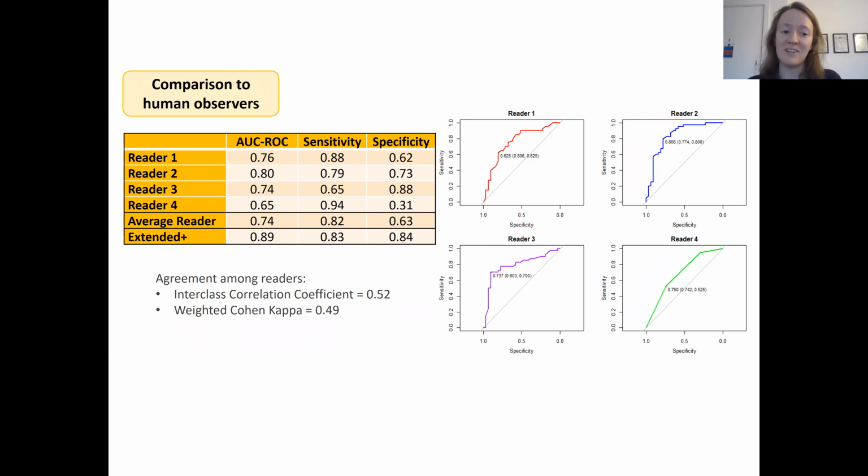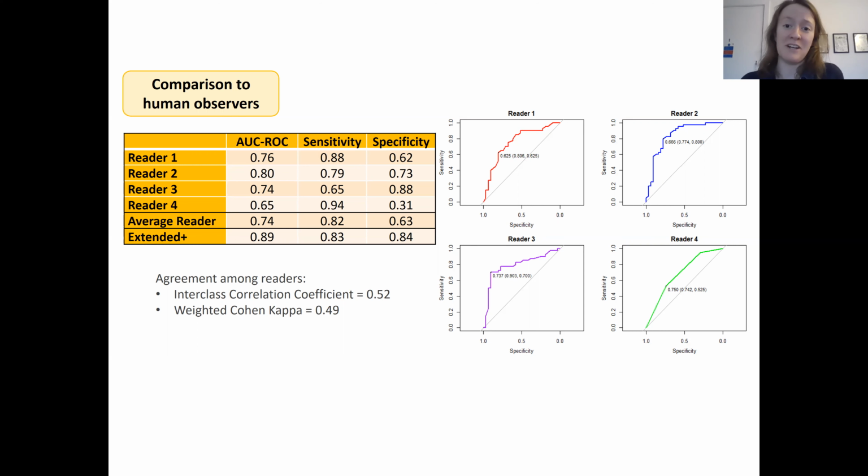And you can see that there's a lot of disagreement among readers. So the interclass correlation coefficient, which is a measure of how readers are aligned in their assessment, was very low. So it should be 1 in a perfect world, but it was 0.5. And the weighted Cohen kappa, which is another assessment of that sort of inter-reader variability, was also around 0.5.